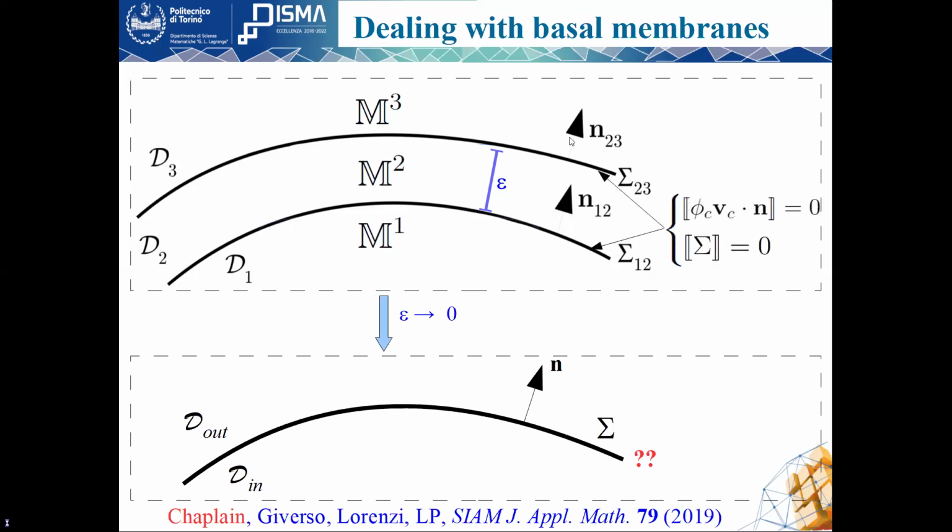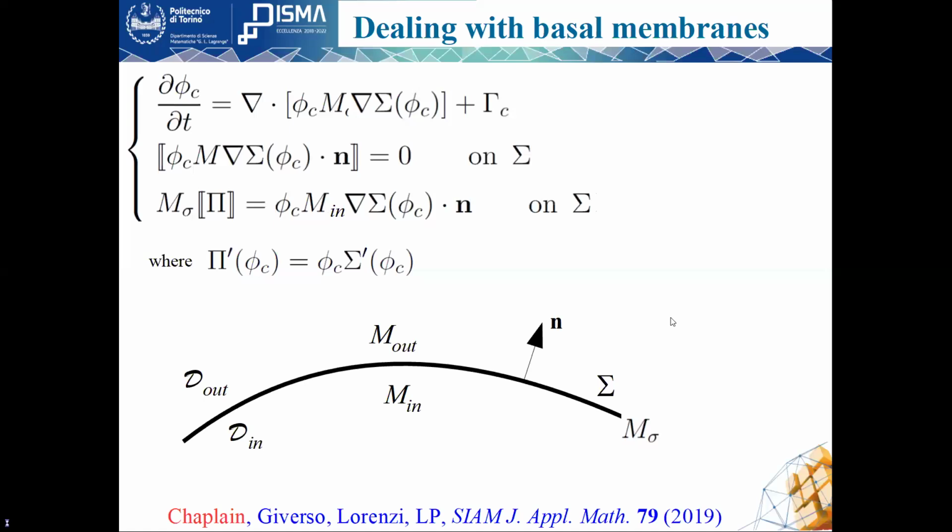So what I have here in the basic problem is the continuity of stress, the continuity of velocity, of fluxes, and I want to find what is the good interface condition to pose on the boundary when mathematically I replace this region that is thick with epsilon thickness with an effective interface which does the same job. I can do that by playing with the limit epsilon equals 0.